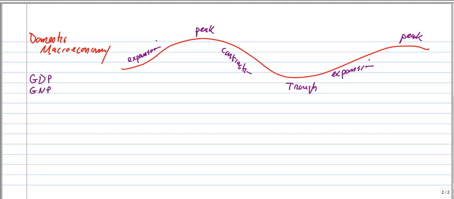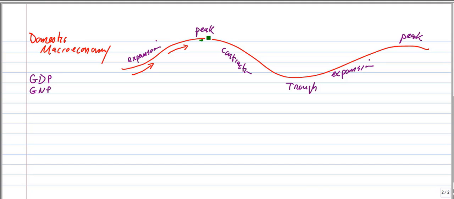So a rapidly growing GDP is going to signal really an expanding economy. At some point we know our GDP is increasing, but it's starting to slow down. It's increasing at a decreasing rate. Finally, it's going to hit its peak, right? And there's only one way it can go once it hits its peak. It goes down, right?